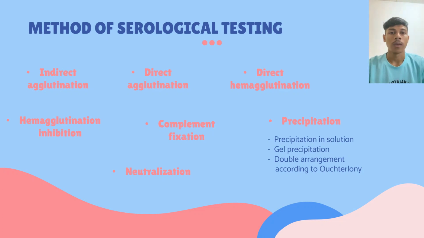And lastly, neutralization. In the neutralization reaction, the properties of the antigen are inhibited. In the case of viral infection, the presence of antibodies is manifested, for example, by their inability to infect the experimental animal.